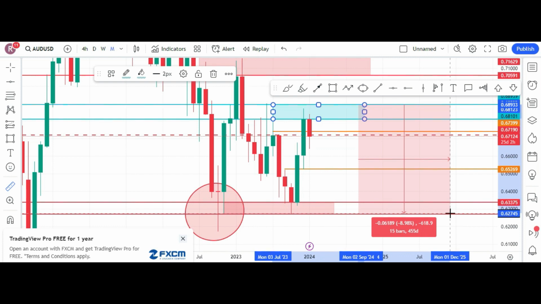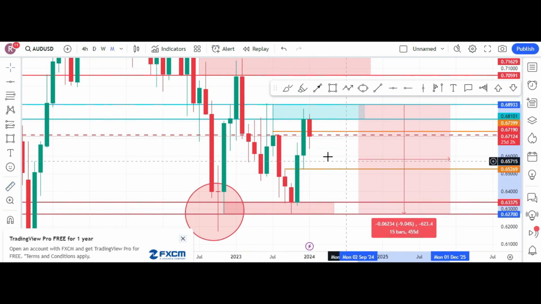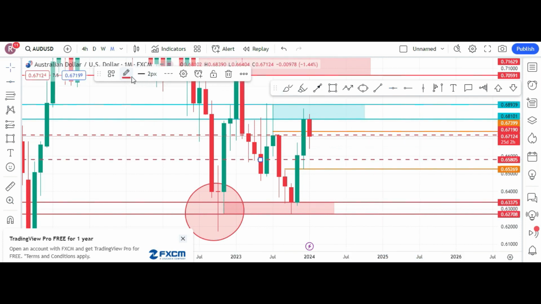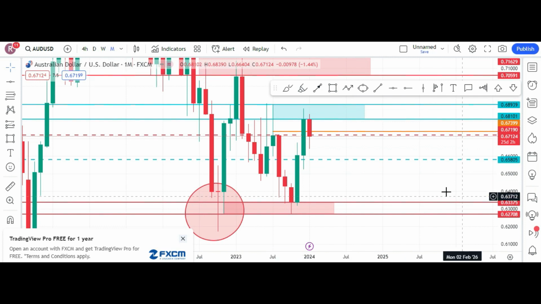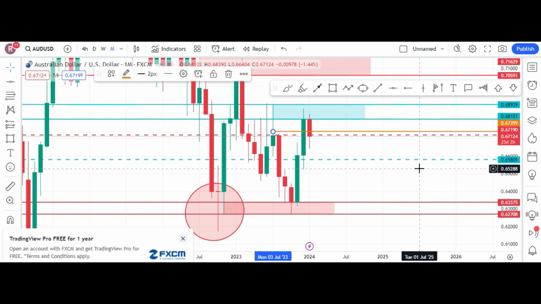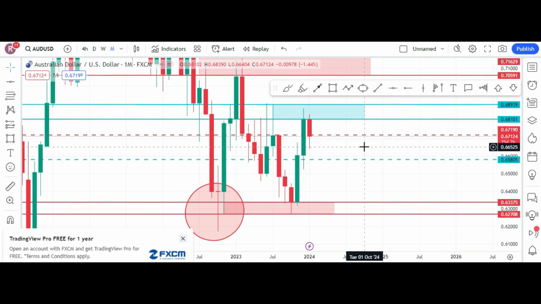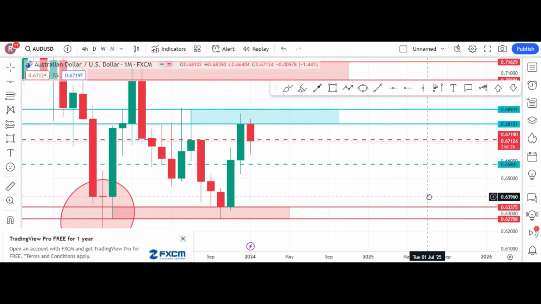Okay guys, this is the half we have as per the weekly. This is the half we have now. Normally the market goes to the half area. Let me remove this, we don't need this. Let me remove this too, so the chart is a little bit cleaner.